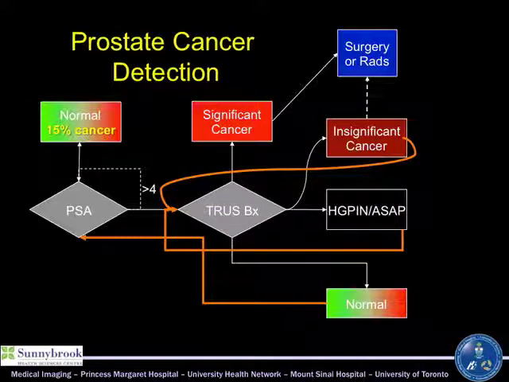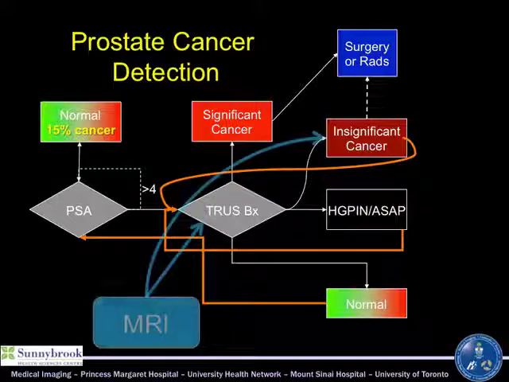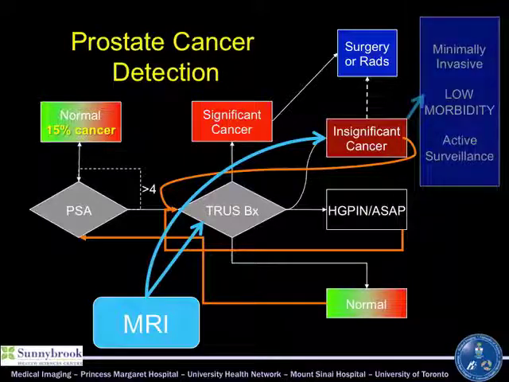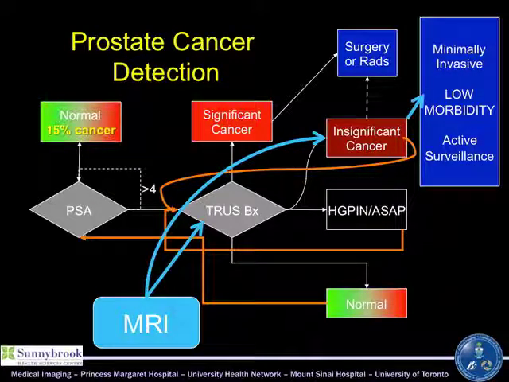And so where are we going to use imaging in the current detection assessment in prostate cancer? Where I see this really coming in is at the time of biopsy, especially for patients who are beyond their first biopsy, for economic reasons, and really in the better stratification and identification of patients who may or may not have insignificant cancer, with the idea of potentially translating this into selection for less morbid treatments.